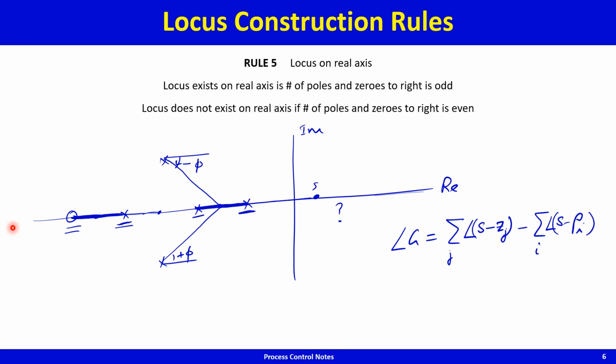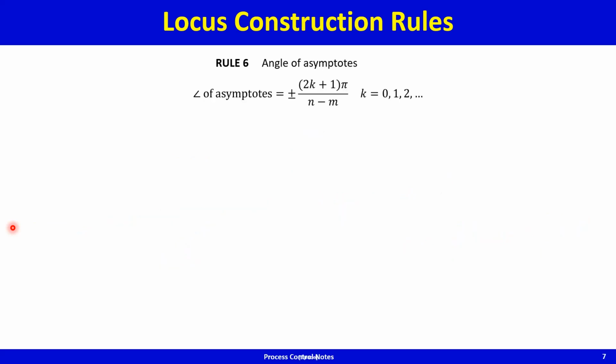Okay, now let's talk about asymptotes. The angle of the asymptote is given by an expression over there. I thought that I'll try and derive it.